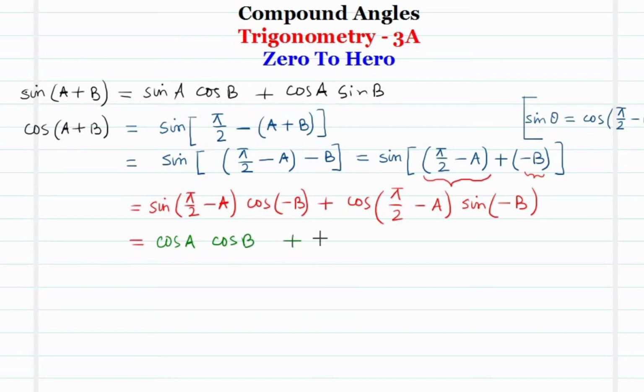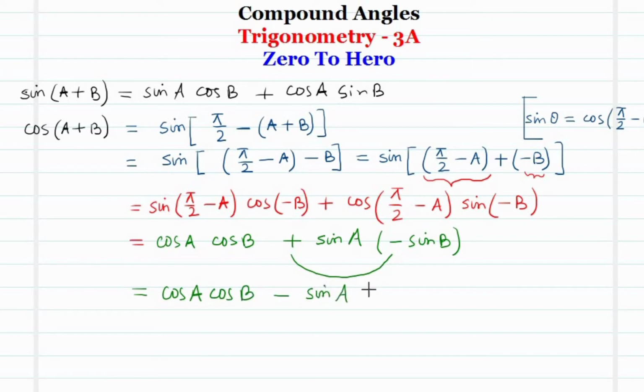Then sin 90 minus theta is sin theta, that is sin a, and sin of minus b is minus of sin b. So this plus into minus will give us a minus sign. We can write it in this form: cos a cos b minus sin a sin b. So eventually we can derive this formula for cos of a plus b from sin of a plus b, and in this way we can derive the other formulas also.